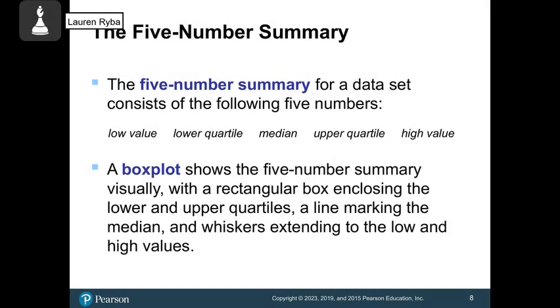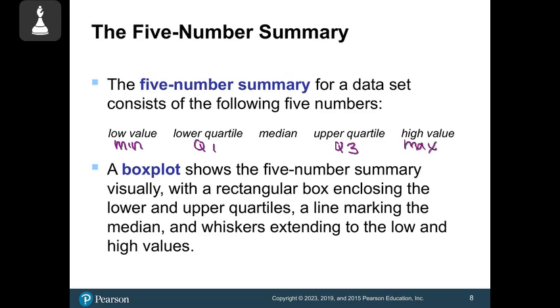We can then create what is called a 5-number summary to give us a good representation of the overall spread of our data. A 5-number summary has the following numbers in numeric order: the lowest value, or the minimum; the lower quartile, sometimes called quartile 1; the median; the upper quartile, sometimes called quartile 3; and the highest value, the maximum.